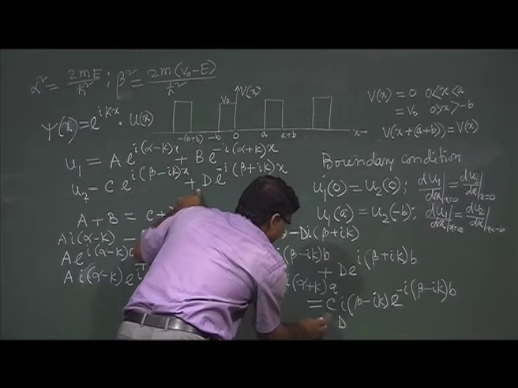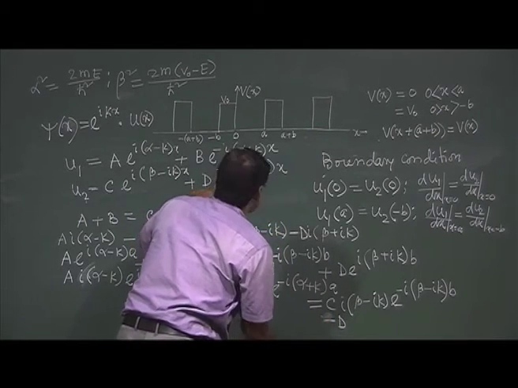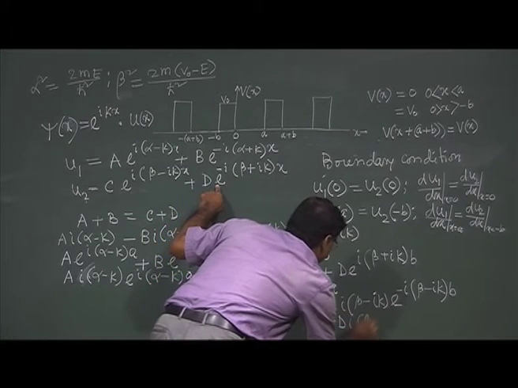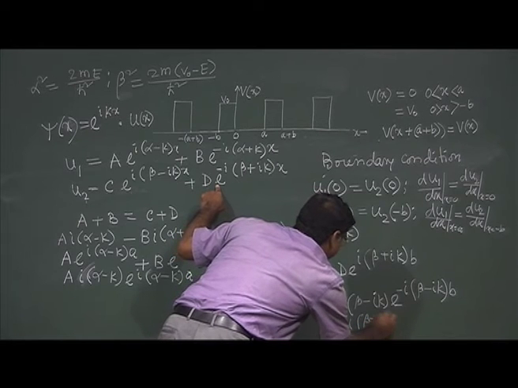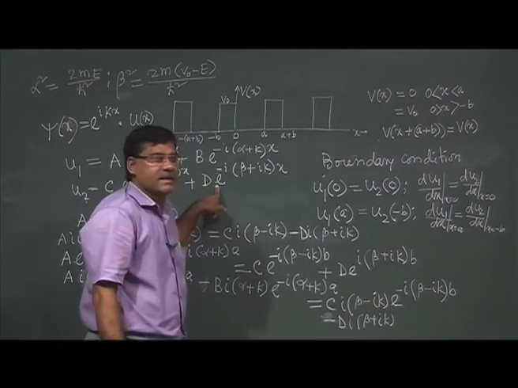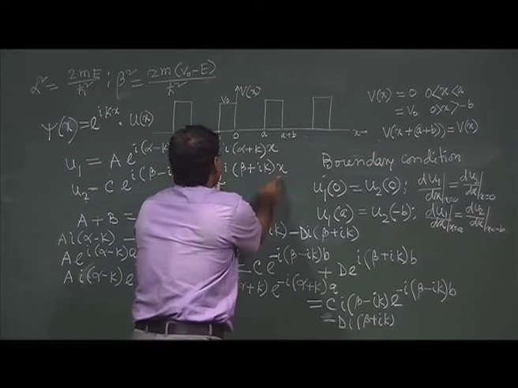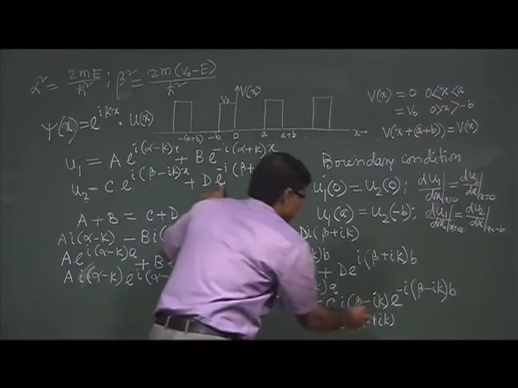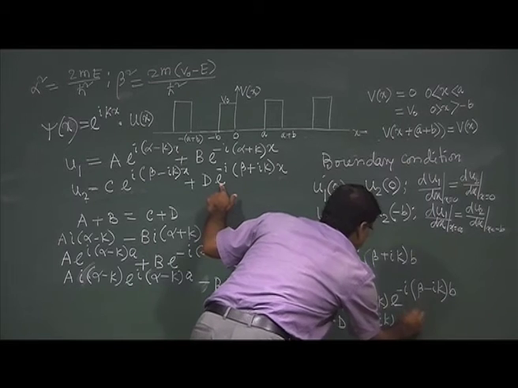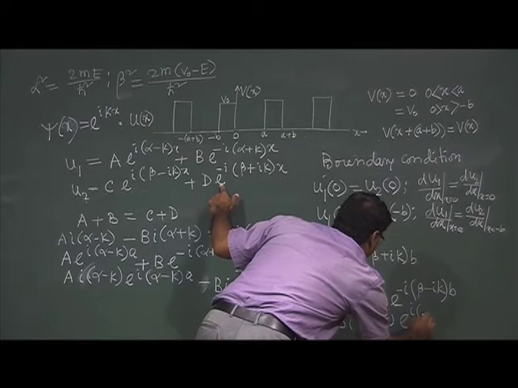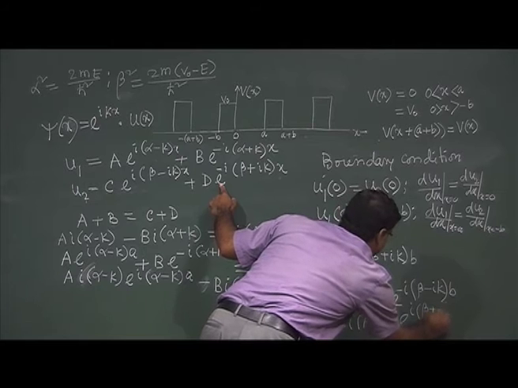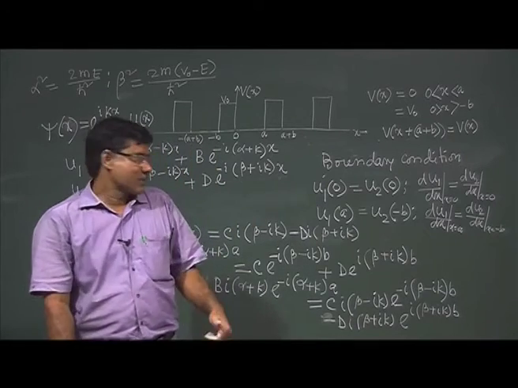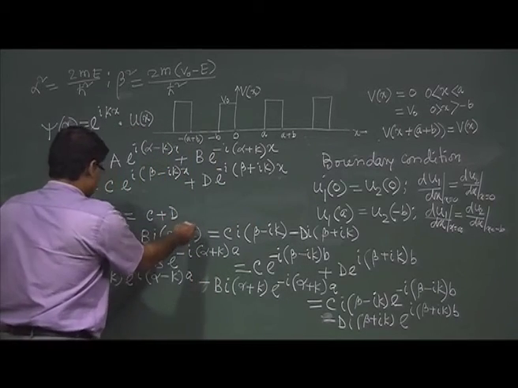So, it will be minus d i beta plus i k, then this term I have to put minus b. So, it will be plus e to the power i beta plus i k b, right.